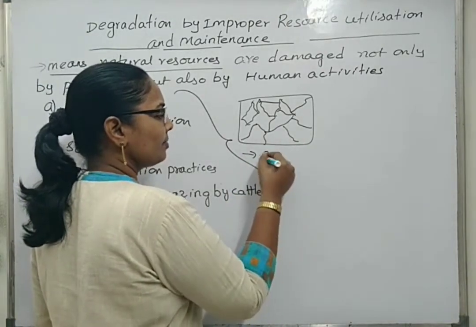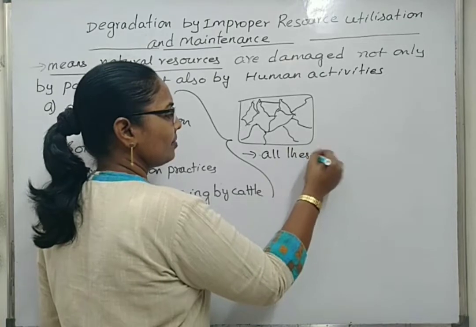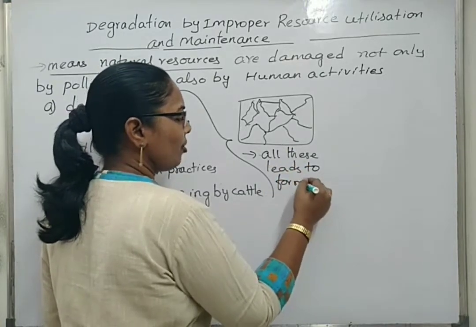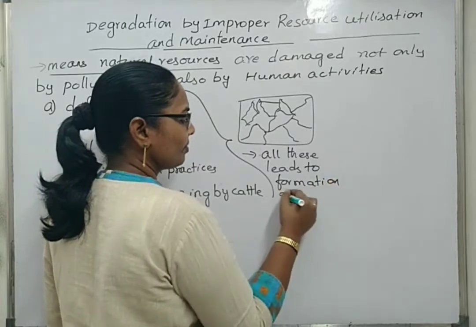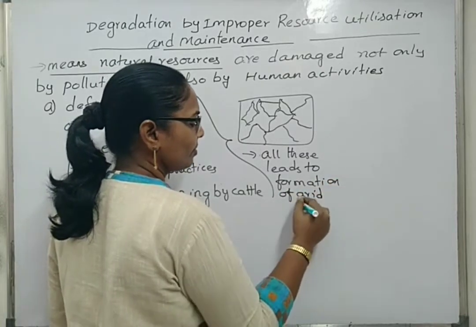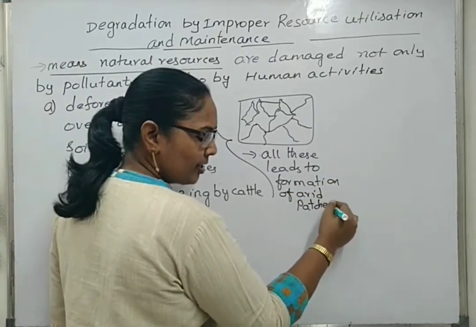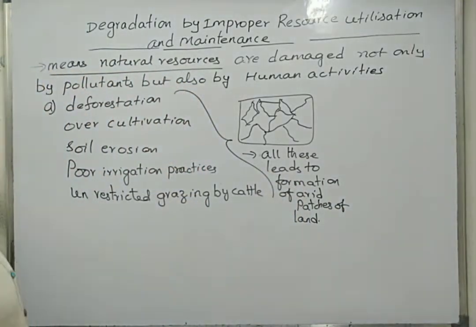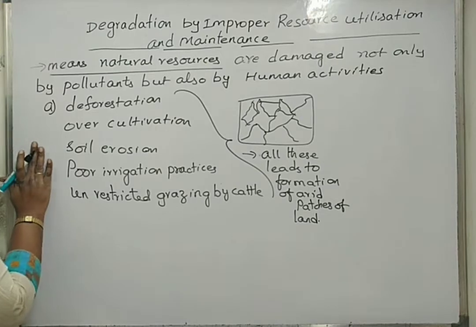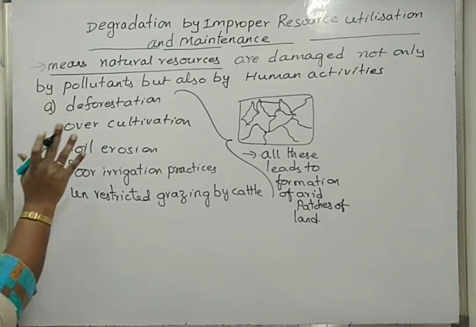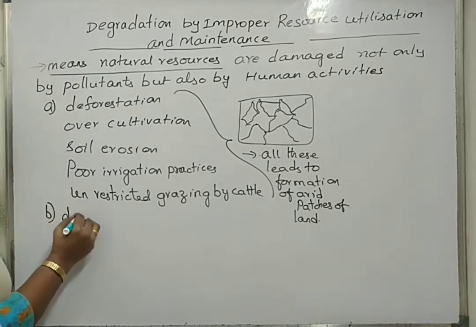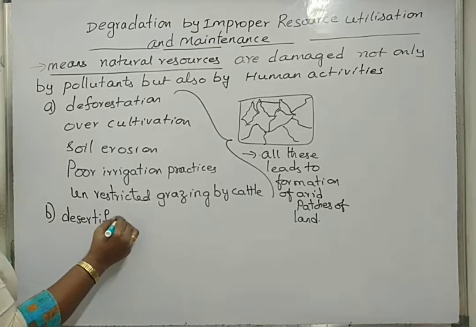All these lead to the formation of arid patches of land. Next, if this is not controlled or the damage is not repaired, then the next situation will be desertification.